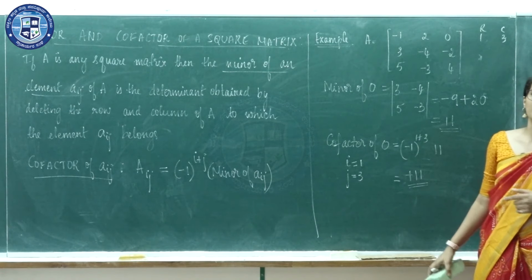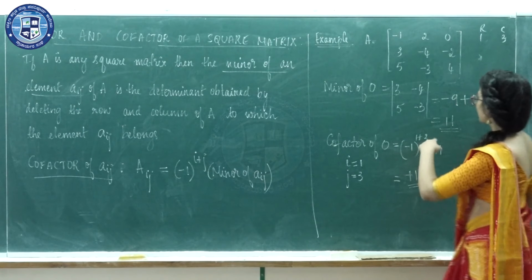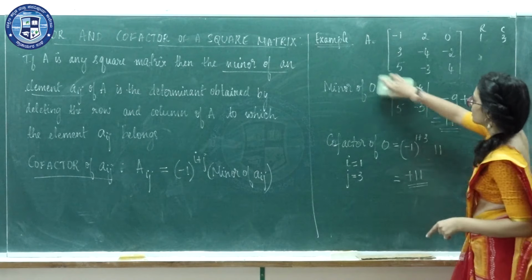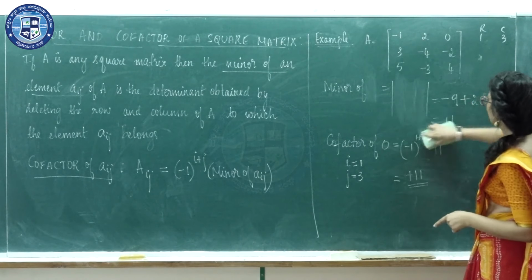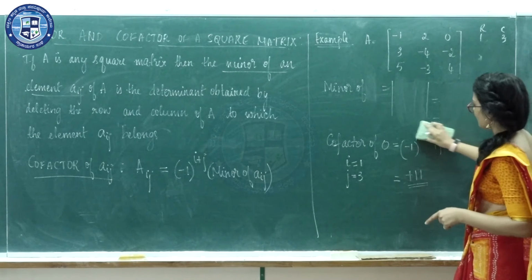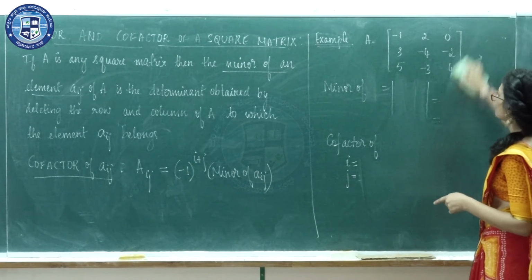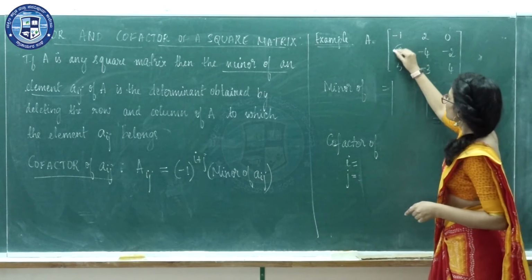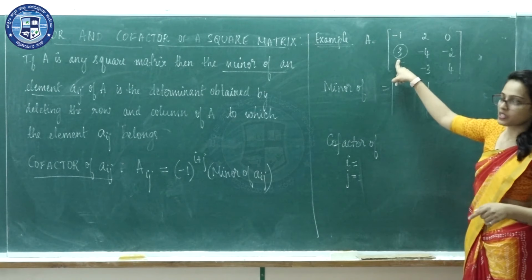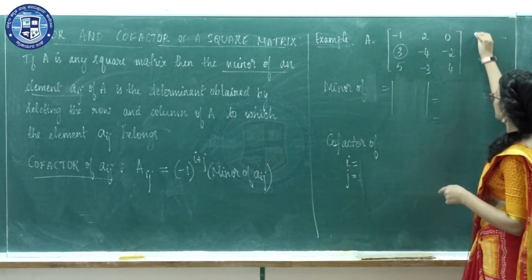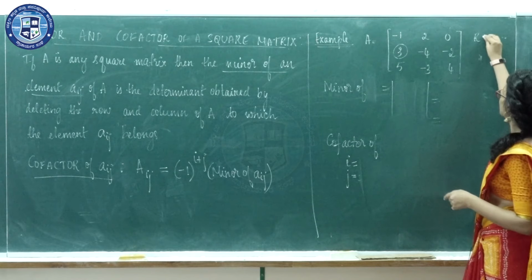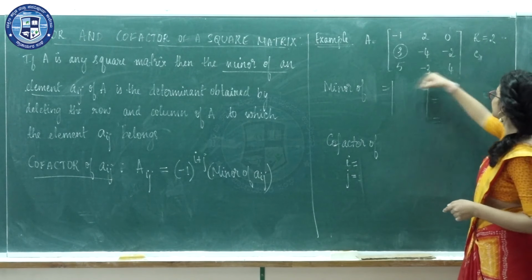Now let's find the minor of any other term. Let's take 3, okay, and find the minor and cofactor. Okay, so I am going to take this number 3. The position is second row, so row is 2 and column is 1.